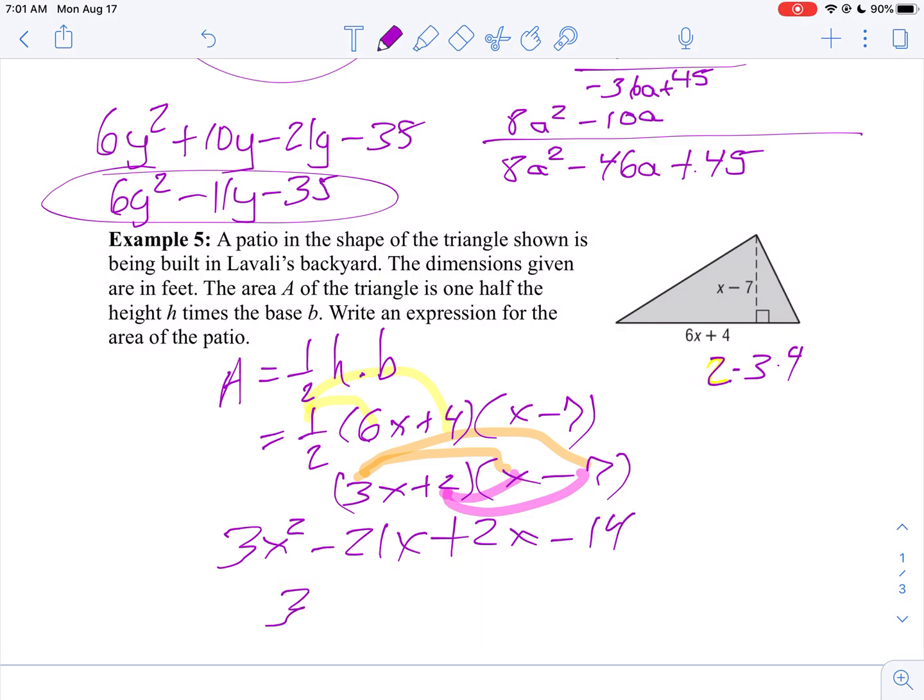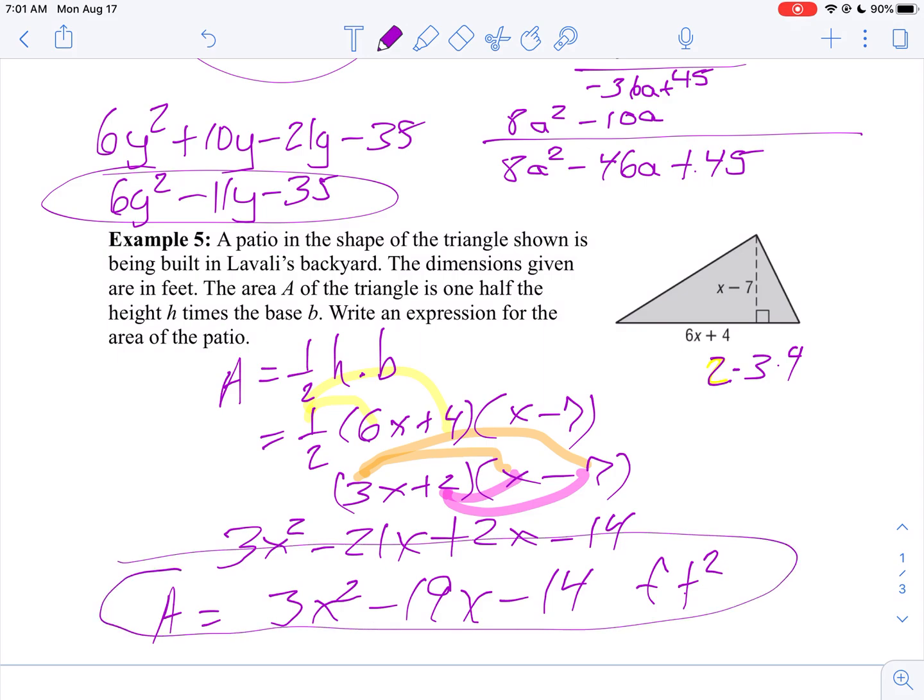So we get 3x squared minus 19x minus 14. Since we're doing an application, that's going to be square feet because we're multiplying feet times feet. So that area is 3x squared. I probably should say area for all of these because that's what we're finding.